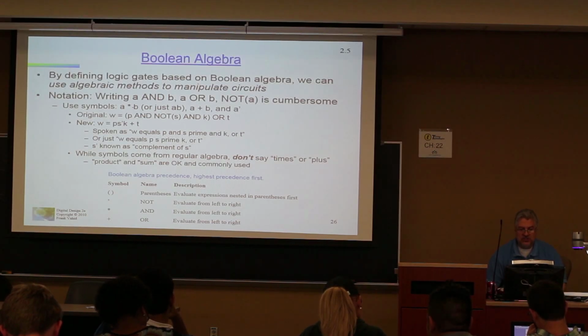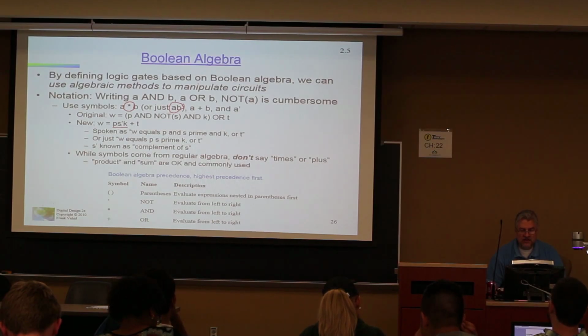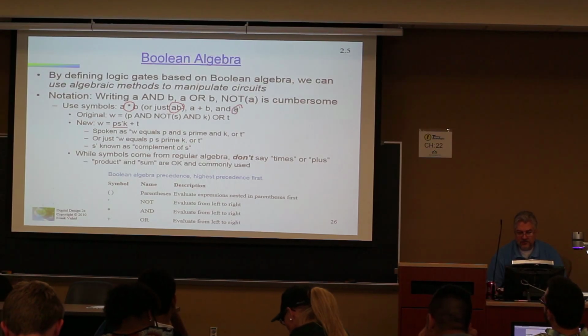So we use this symbol. It kind of looks like you're multiplying, this asterisk. But we actually just put it right next together, AB, right? So this here would be P and not S and K.